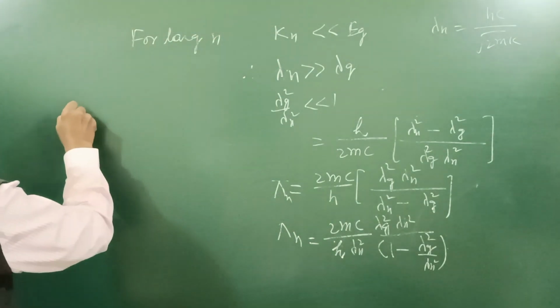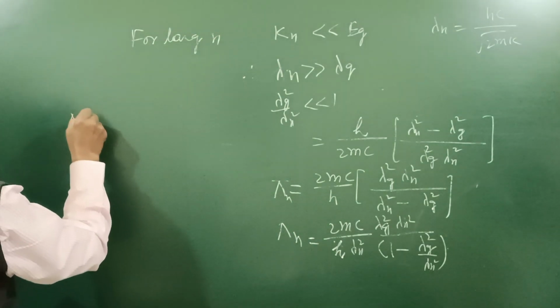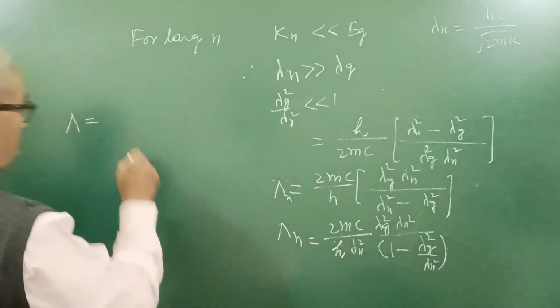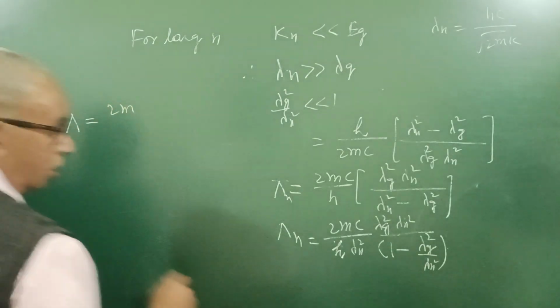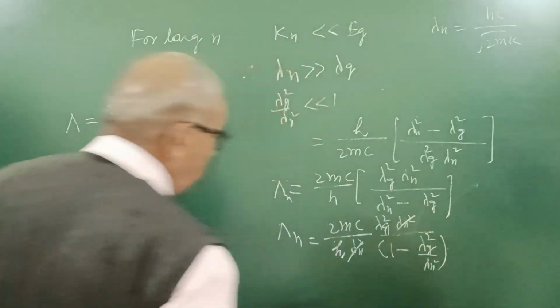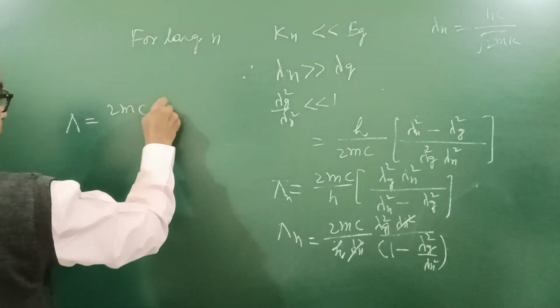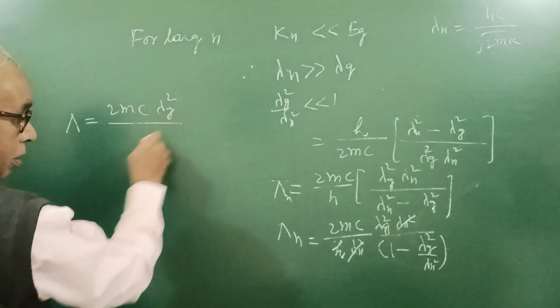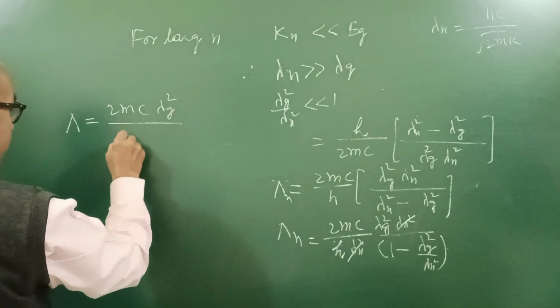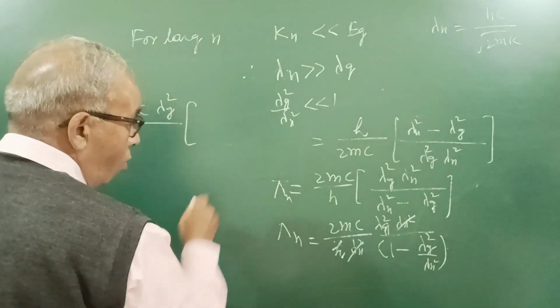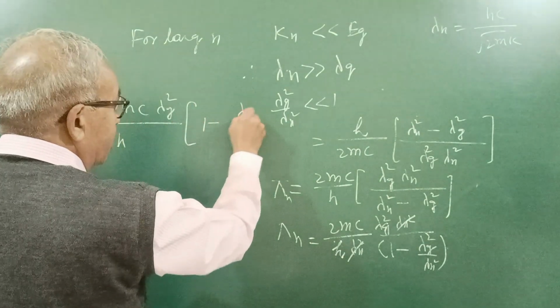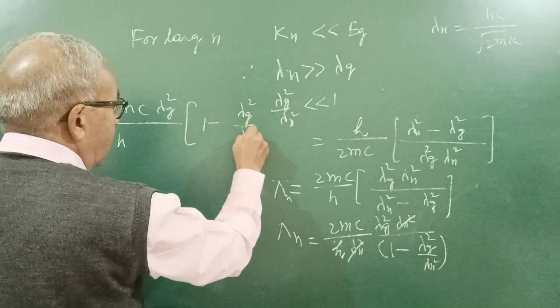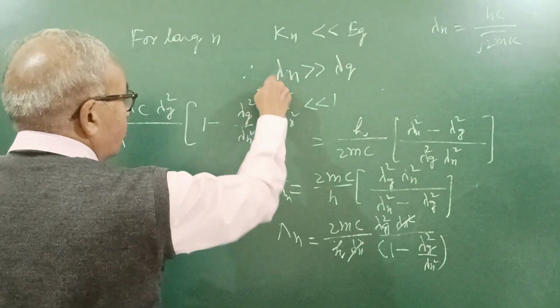So I apply here: 2mc lambda g square upon h into 1 minus lambda g square upon lambda n square, power minus 1, the lambda n square cancelling.